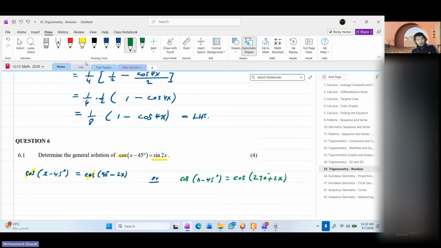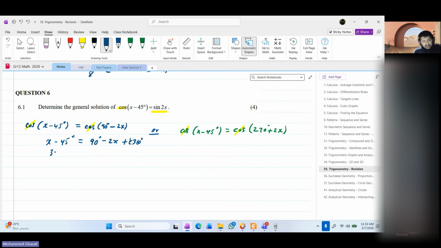So we're going to drop the cos here, and then it's easy to solve because we're finding the general solution. That's x minus 45 is equal to 90 minus 2x plus k360. Take this 2x over, we get 3x is equal to 90 plus 45, which is 135, plus k360. So x is equal to 45 degrees plus k120, k is an element of Z.